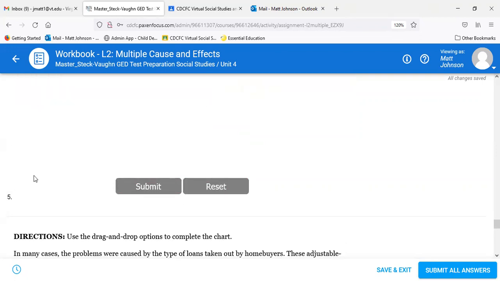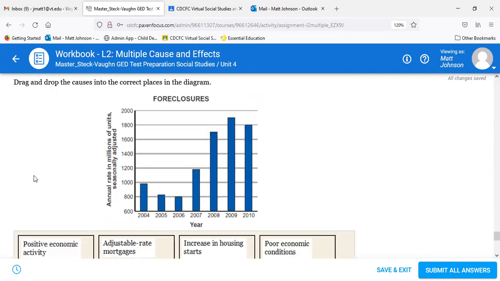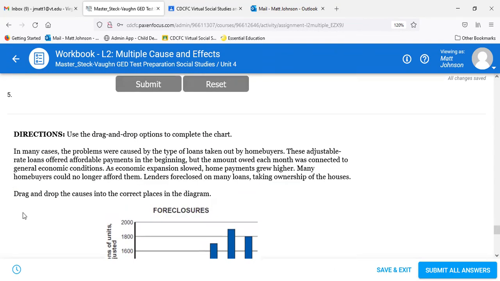All right. And this is the last one. I'll go ahead and read through here. This is more about the housing industry. So in many cases, the problems were caused by the type of loans taken out by homeowners or home buyers. Remember, I mentioned this yesterday. These adjustable rate loans offered affordable payments in the beginning, but the amount owed each month was connected to general economic conditions, right?